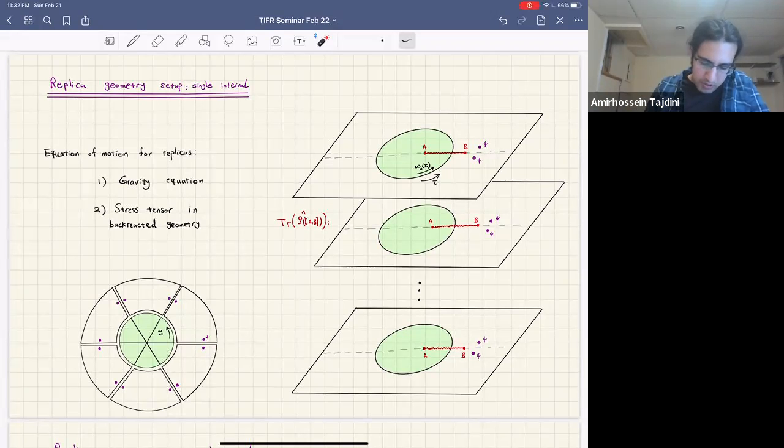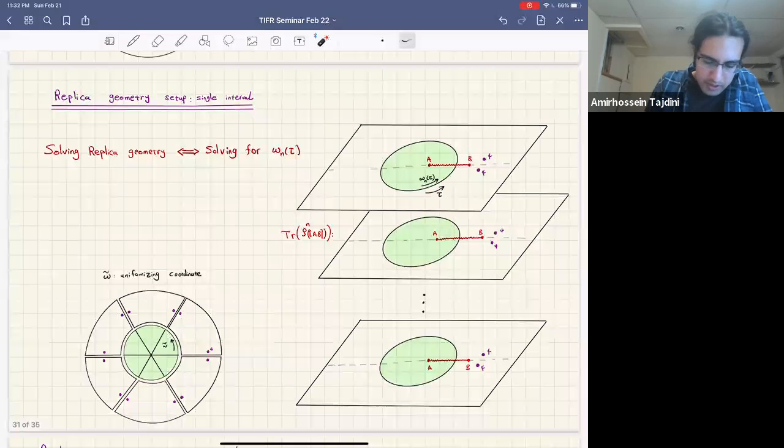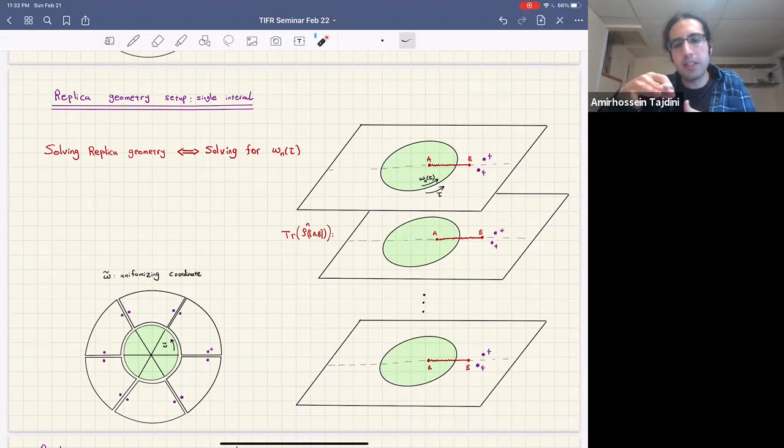Because you can uniformize these into one disk, the equations for gravity will be simple. When I say we want to solve the replica geometry, since the gravitational part has the topology of a disk, solving just means finding this Wn of tau. There's no modulus for the gravitational region. The only thing we need to solve is either this W tilde, which is a uniformizing coordinate, or this Wn of tau, which is the quotient space coordinate. That's what it means to solve the geometry.